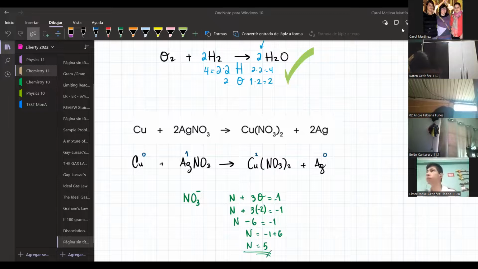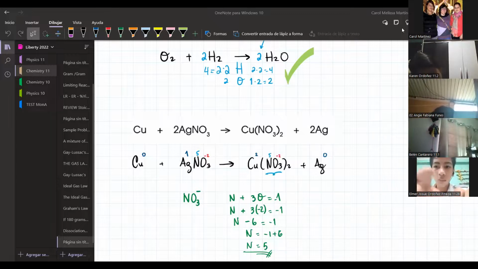With this, I'm saying that because we have nitrate on both sides, be careful, okay? I'm just talking about when the polyatomic ion is the same. When the polyatomic ion is the same, they're going to have the same oxidation state, okay? So oxygen will be -2, nitrogen will be 5. Here, oxygen is going to be -2, nitrogen still going to be 5. Why?